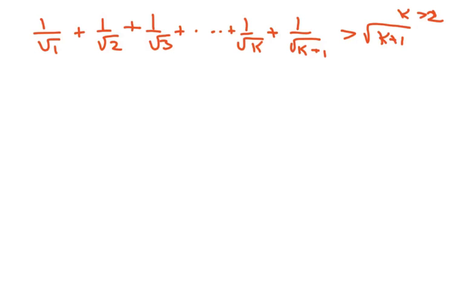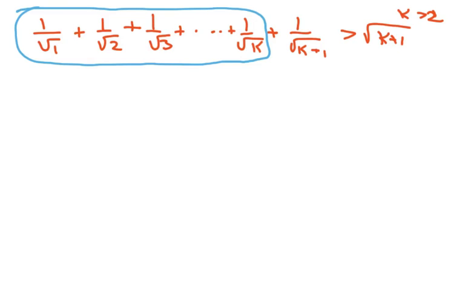Now we already know that this whole amount is greater than square root of k, so we're just going to write this as square root of k, which we had on the previous slide.